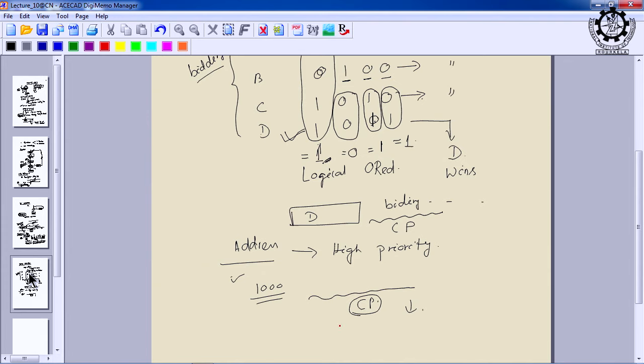And again binary countdown, how much time it is required for this logic or the algorithm to be implemented, that is to be chosen. So, it is all scenario dependent. You have been given lots of choices to see what kind of network you have, what is your requirement, and depending on that you choose a particular protocol.